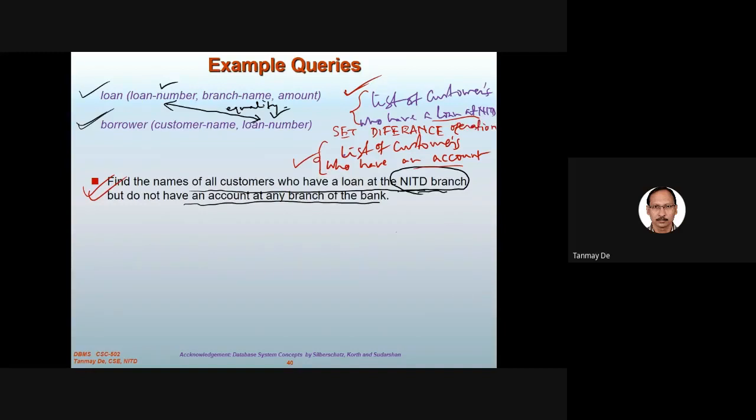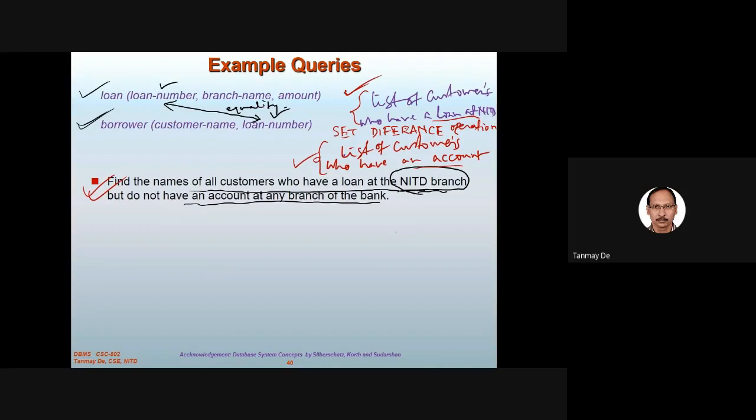Please tell me, anyone. If we perform the set difference operation between these two lists of customers, then what do we get? We get the desired result or not? Yes, sir. We get the desired result.